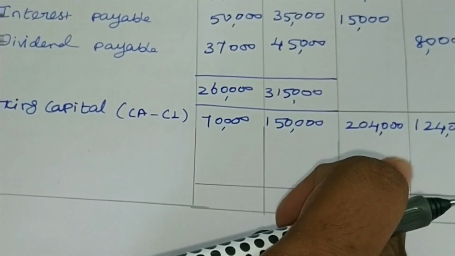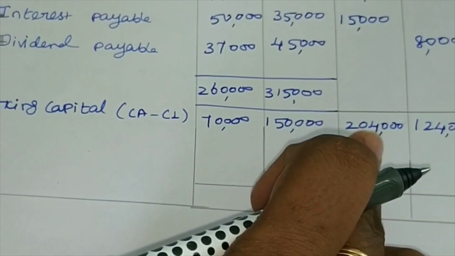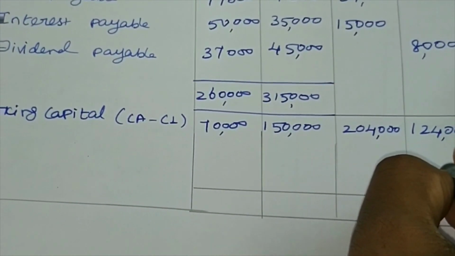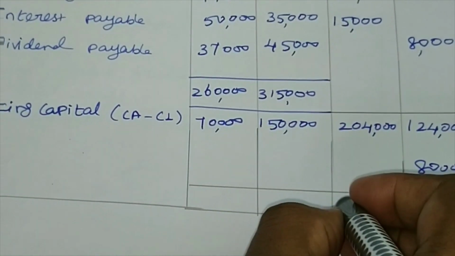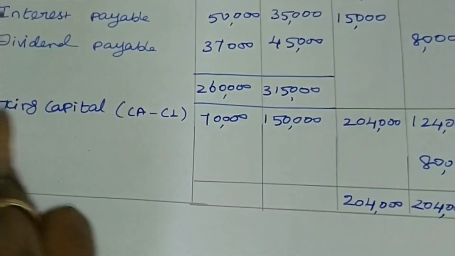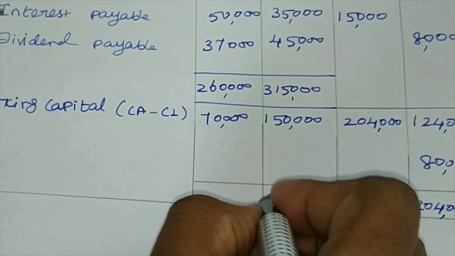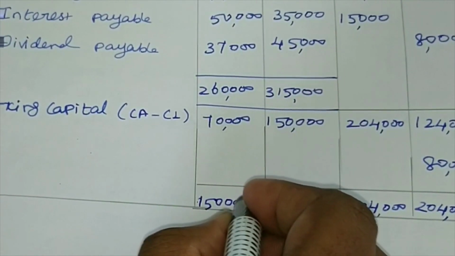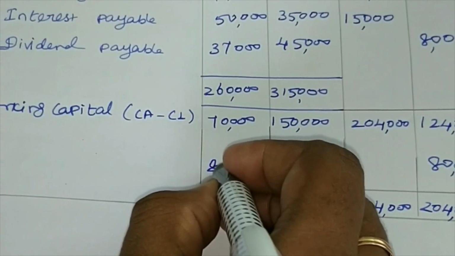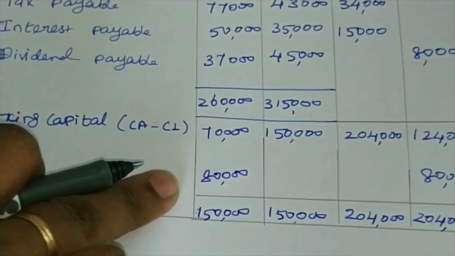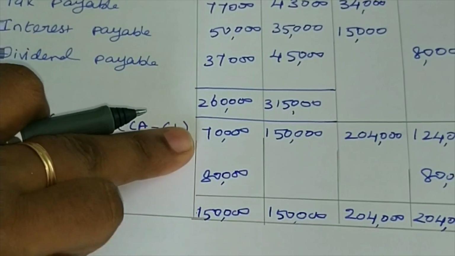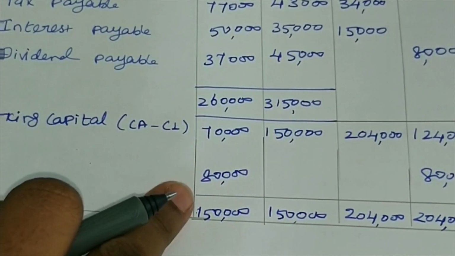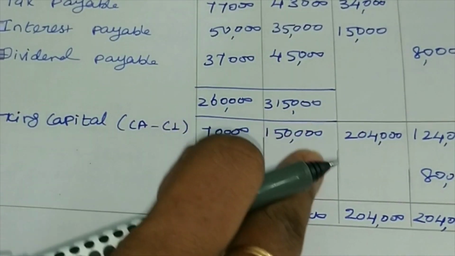So the difference of 80,000 is increased in the year 2016. For working capital, 2015, 70,000. In 2016, 1,50,000. So 80,000 increased in the year 2016.